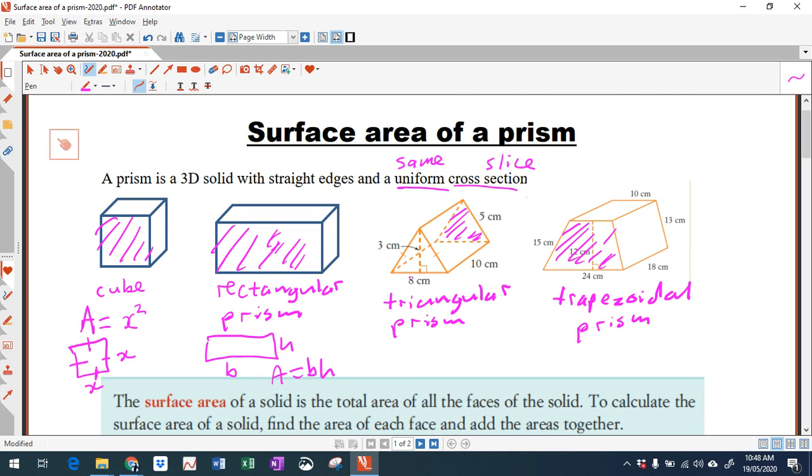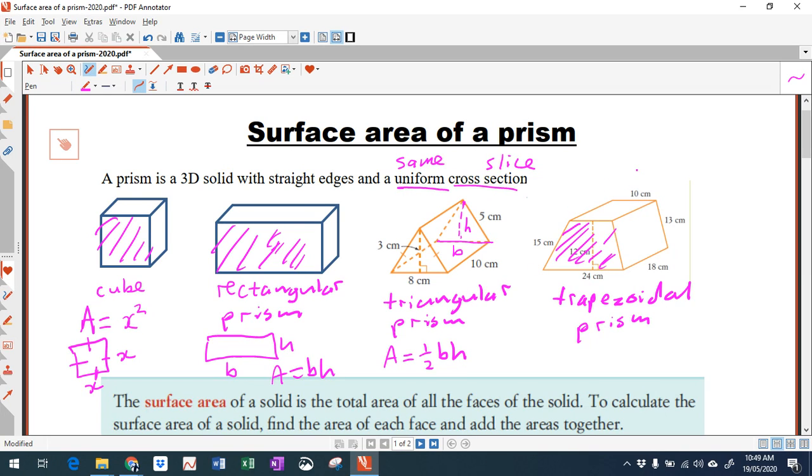Now for a triangle, let's just rub this out for a minute. For a triangle, that's the height, and this line here is the base. Okay, so the formula for the area of a triangle is a half the base times the height.